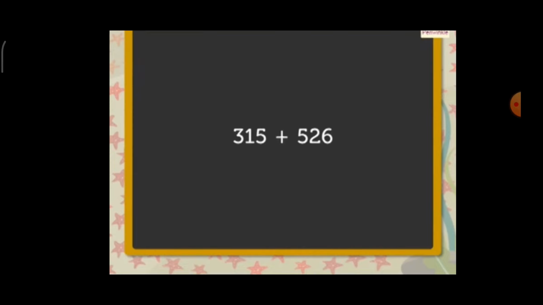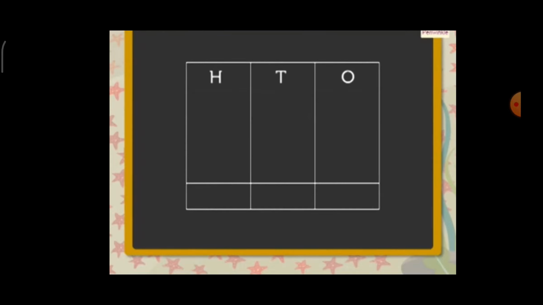Now, as you know, we can also directly add the numbers 315 and 526. Let us look at the process of addition of these numbers. Step 1. Write the numbers in the hundreds, tens and ones columns. Step 2.